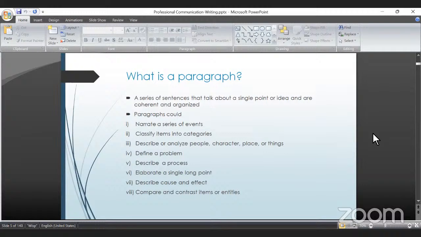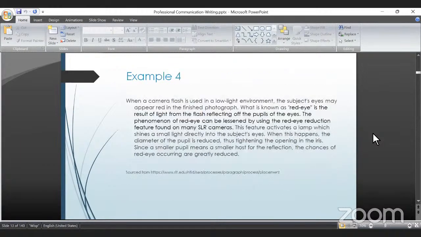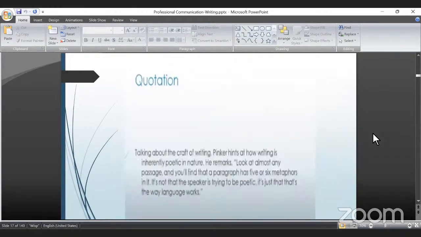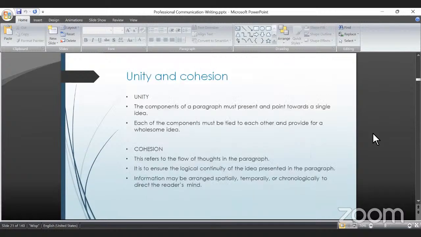If all of these conditions are fulfilled, then you can call it a paragraph. Which means along with the different components and layers of developing a paragraph, what is also important in making a good paragraph are two important topics, which we refer to as unity and cohesion in writing.